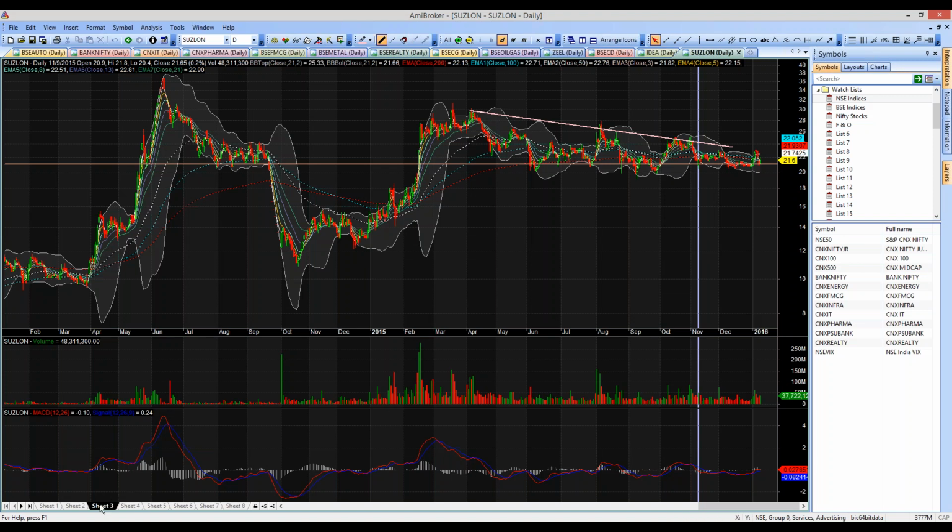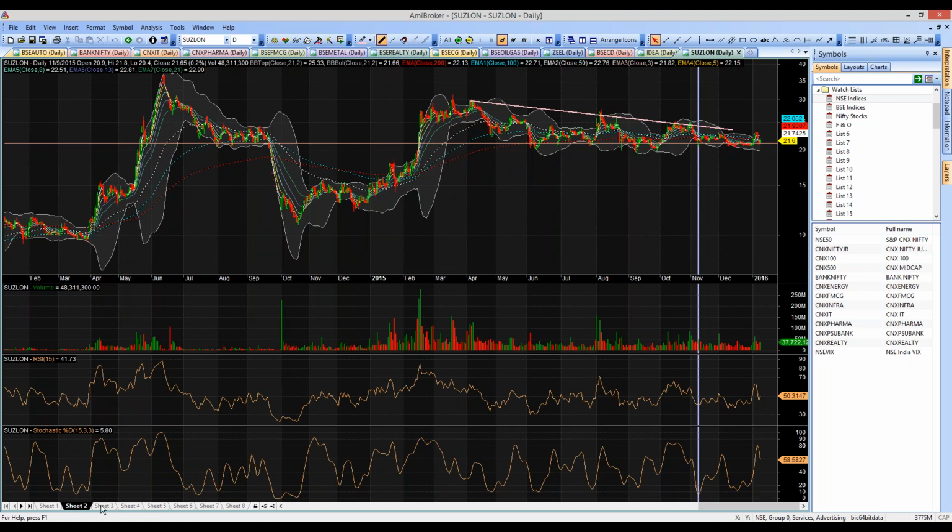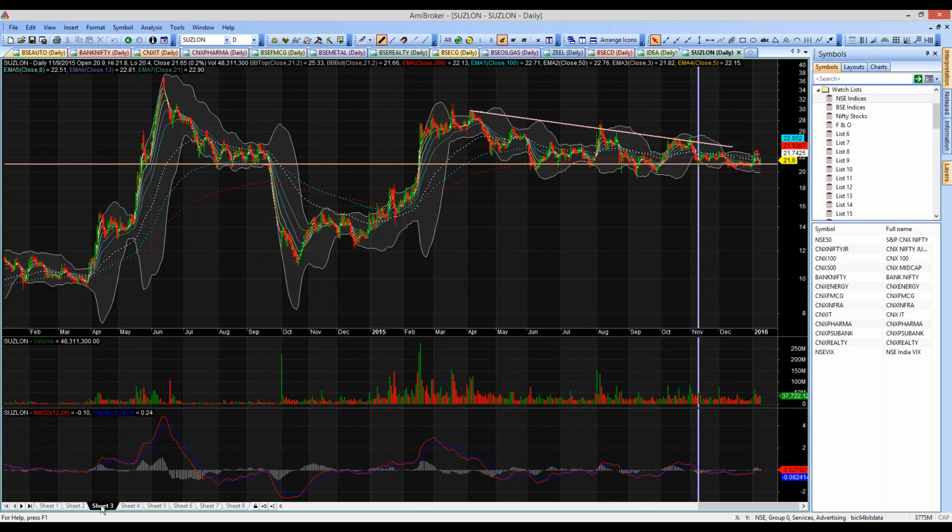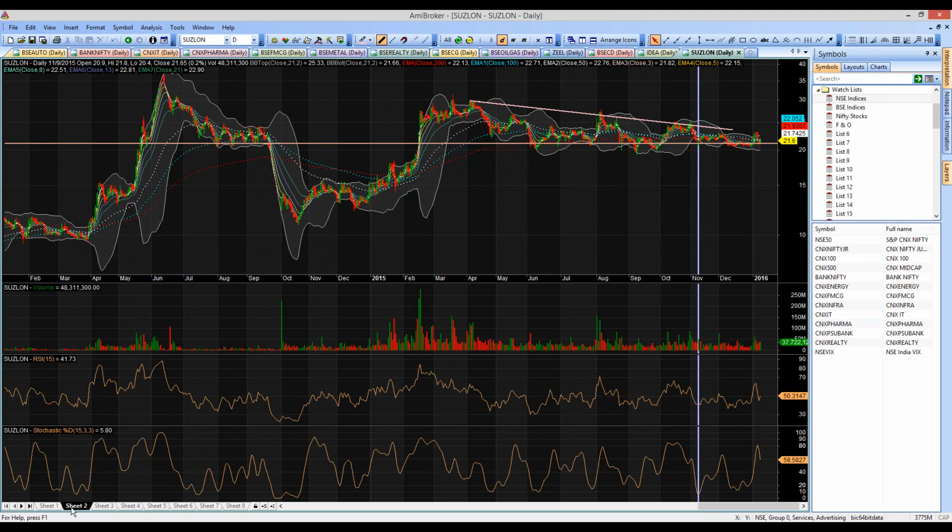So coming back, this is sheet 3. Sheet 3 only has MACD, so you can look at a lagging indicator. Of course the moving averages are already on the price chart, they're lagging, and then you have MACD, which is also a lagging indicator, right? So the idea of having sheet 2 leading and sheet 3 lagging indicators separately is based on the following thought: if I'm looking for early signals to enter, exit, divergences and all, then I just want to look at leading indicators and not be bothered.